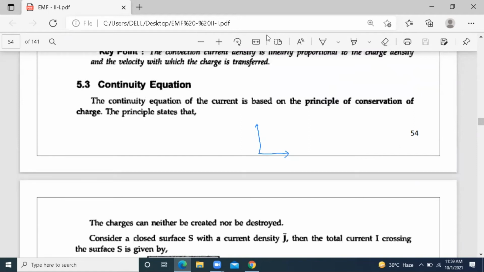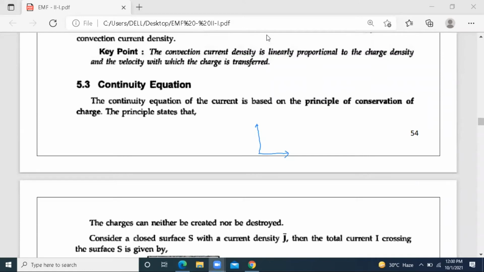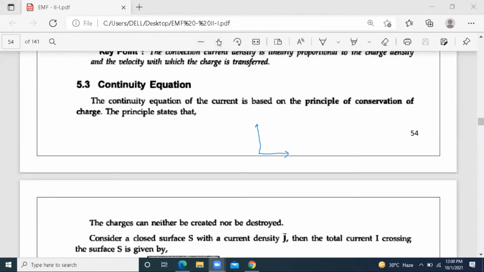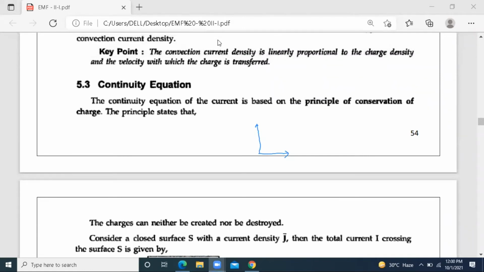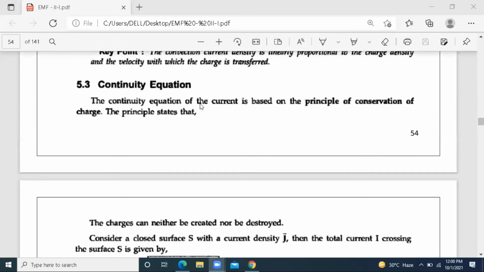Next, we want to do the continuity equation, right? But when we come back, we're going to do the continuity equation.